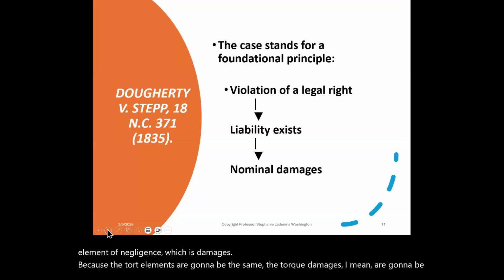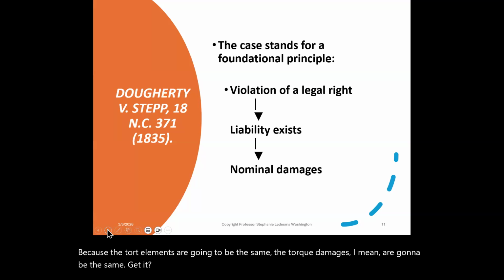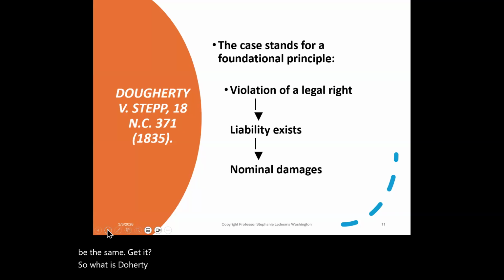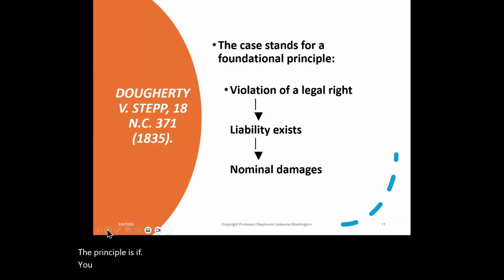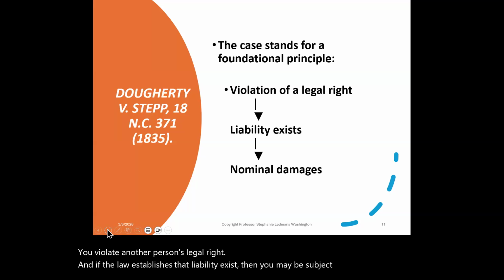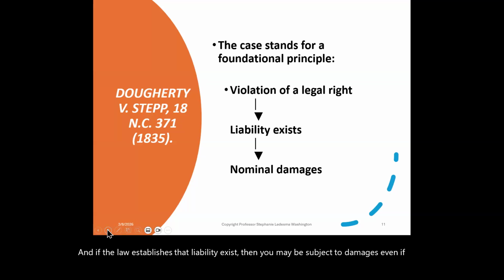Get it? So what does Doherty stand for? This case stands for a foundational principle. What is that? The principle is, if you violate another person's legal right, and if the law establishes that liability exists, then you may be subject to damages, even if there is no measurable harm.